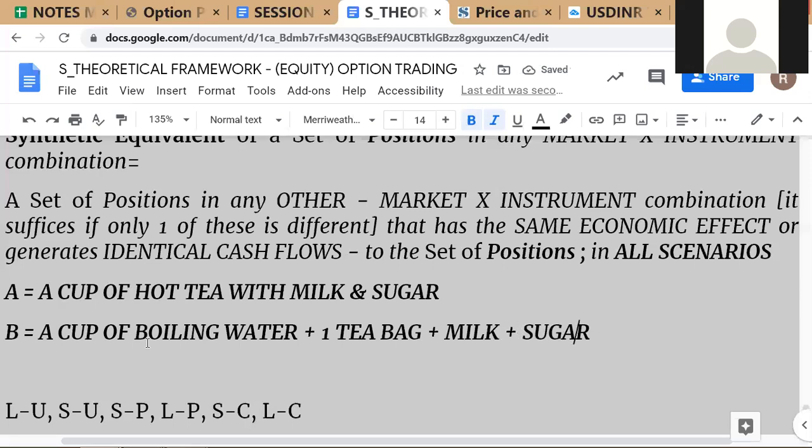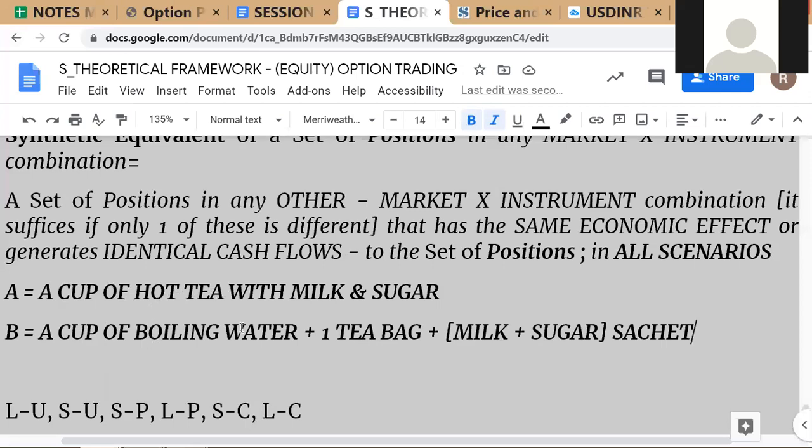Milk can also be in the sachet. Now, what we're trying to say here is a synthetic equivalent. In this case, we say that B is a synthetic equivalent of A, because in A you have a ready-made cup of hot tea, and if you just ignore effort for the sake of this example, but if you have B, then you can create a cup of hot tea, right?